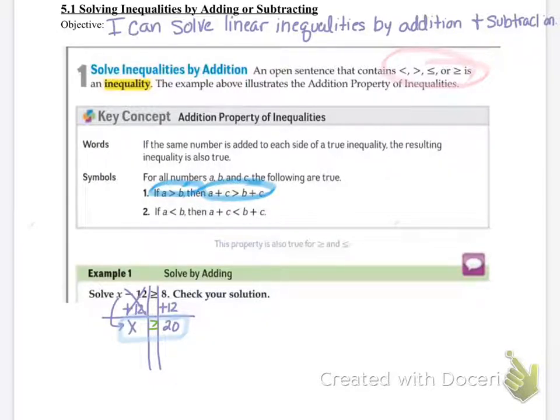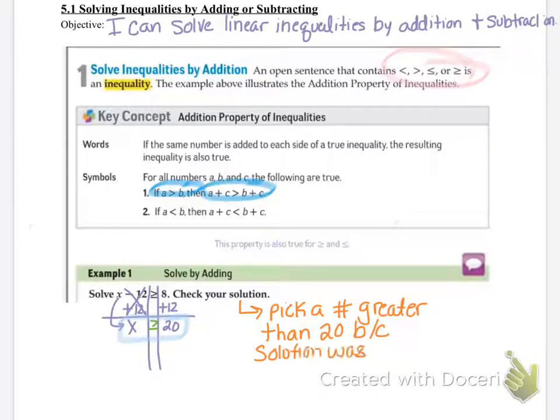In order to check our solution, which is the next part, we need to pick a number that is greater than or equal to 20, because our solution was x has to be greater than or equal to 20. In our check, I'm choosing the number 22. If I plug in 22, 22 minus 12 is greater than or equal to 8.